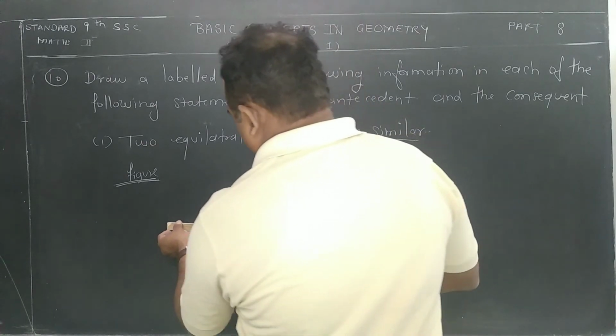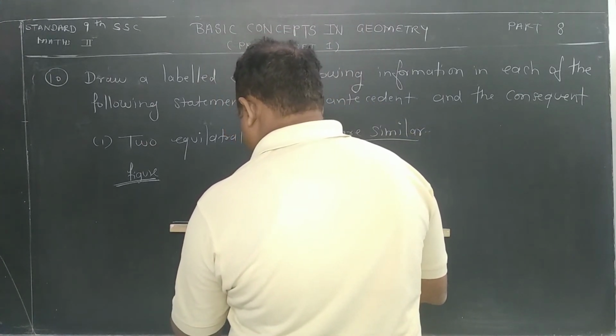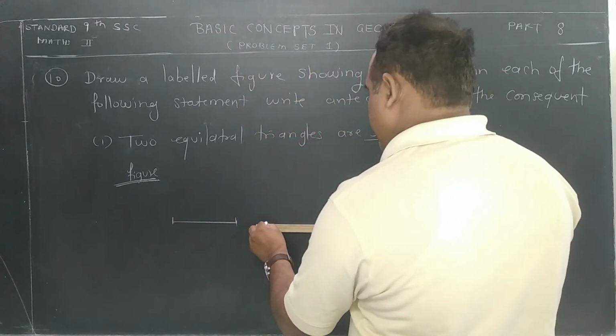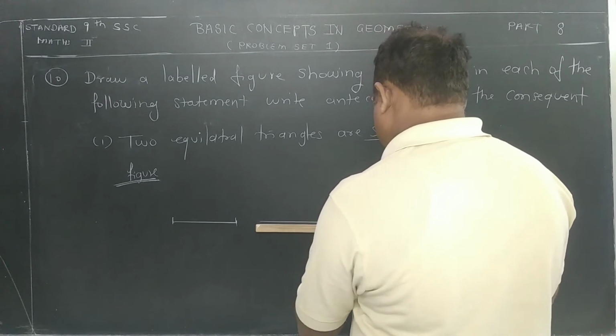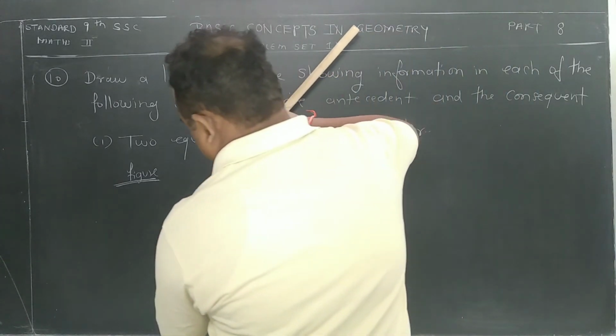Then in the figure part, I am going to draw an equilateral triangle. Just take care that their measure, their length, should be equal.